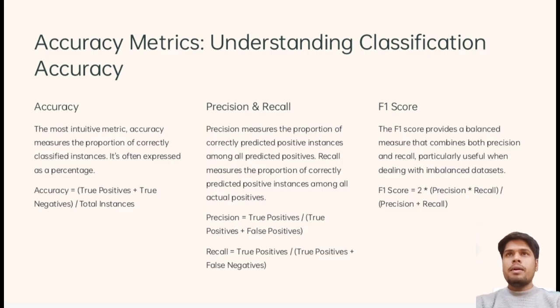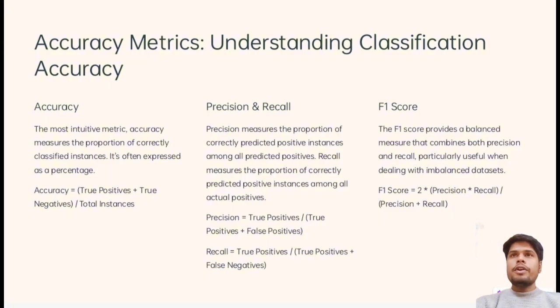So second is precision and recall. Precision measures the proportion of correctly predicted positive instances among all predicted positives. Recall measures the proportion of correctly predicted positive instances among all the actual positives. Precision is equal to true positives divided by true positives plus false positives.